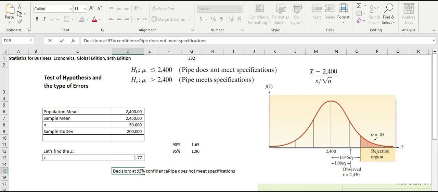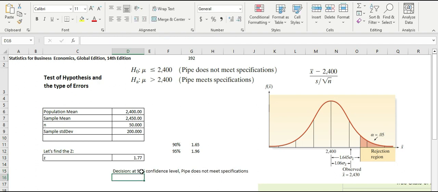But at the 90% confidence level, the pipe meets specification.